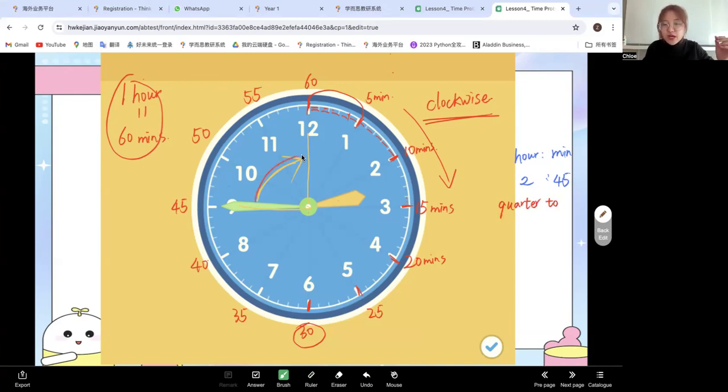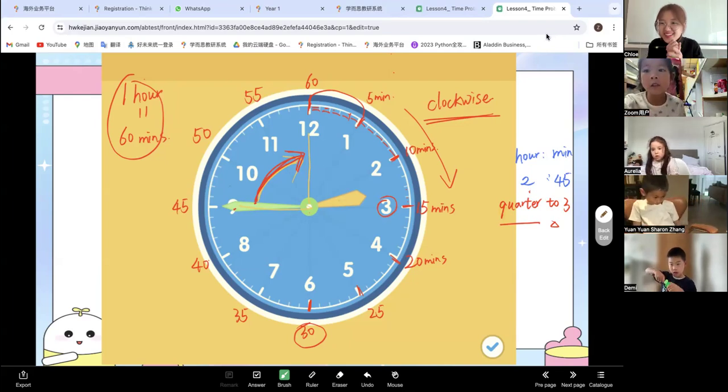If it continues to travel to 12, then after a quarter, it will go to the next hour, which is 3. So for 2:45, we have another way to read it, which is quarter to 3, because we need another quarter to go to the next hour.